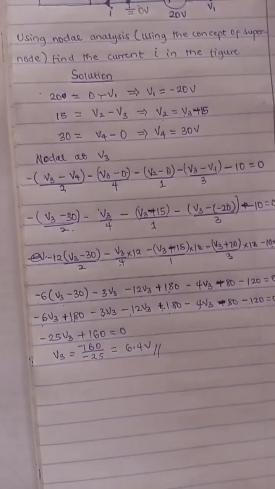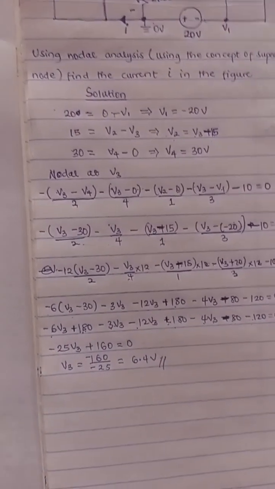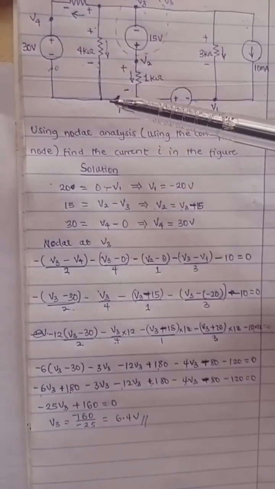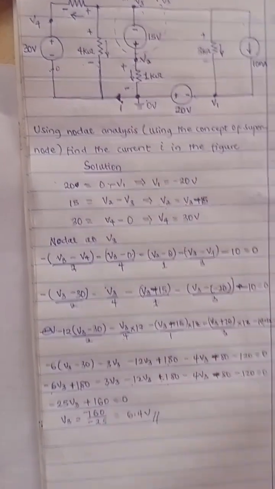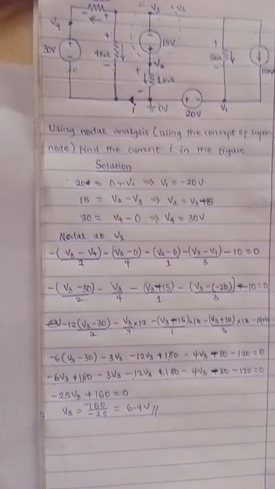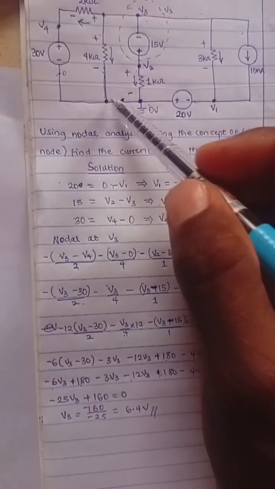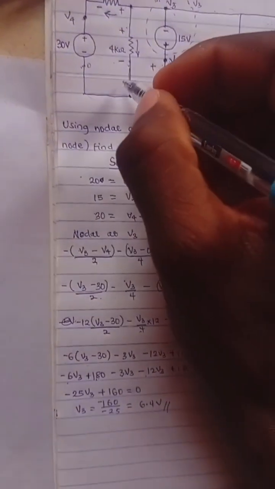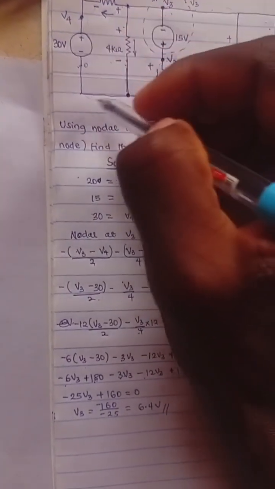So the main part of the question asks us to look for I, right? Find this I. So to find I, we will apply Kirchhoff's current law to this node. Applying Kirchhoff's current law to that node, I will take this current entering, this other one entering from here, and this one.